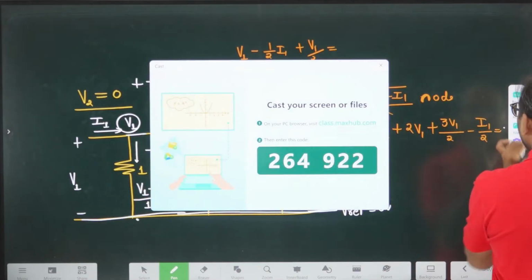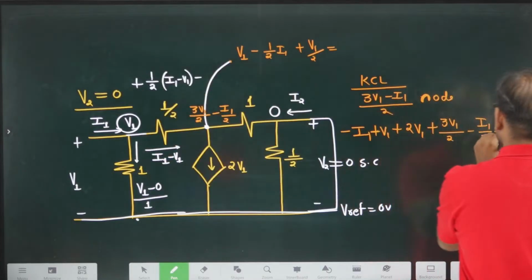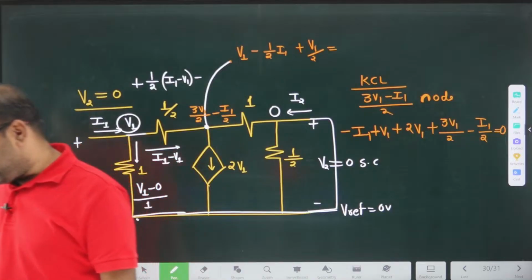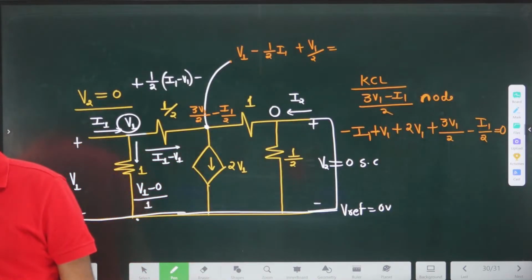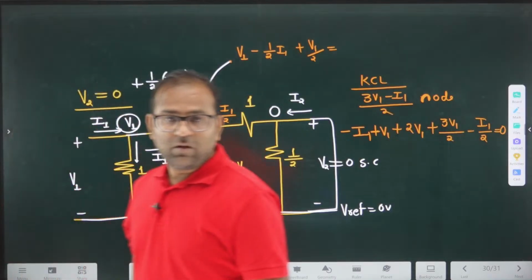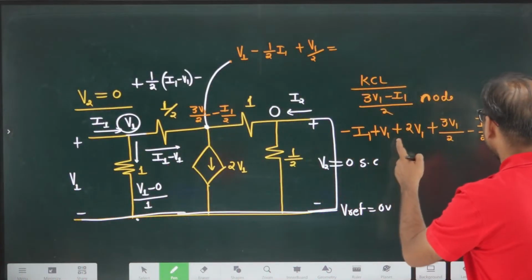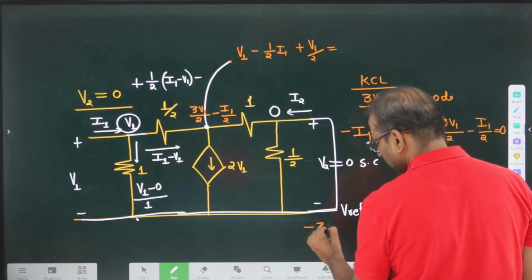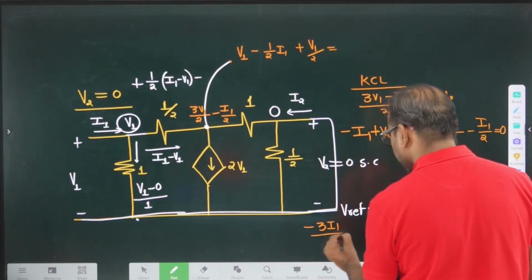As you know that sum of current at a node is equivalent to 0. So when you write this, minus I1 by 2 is minus 3I1 divided by 2.